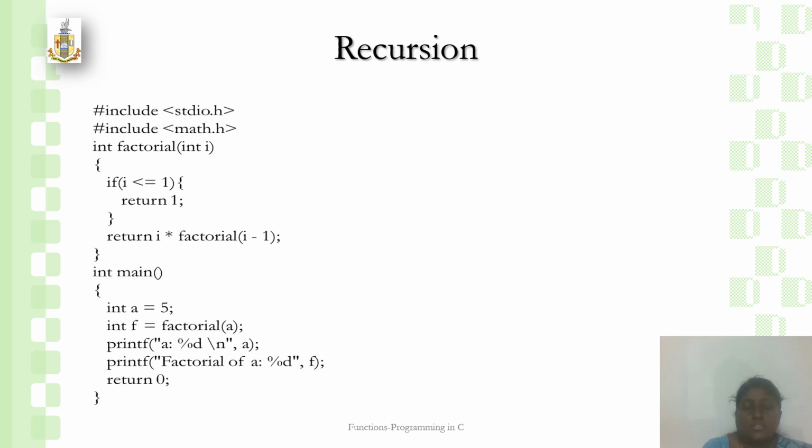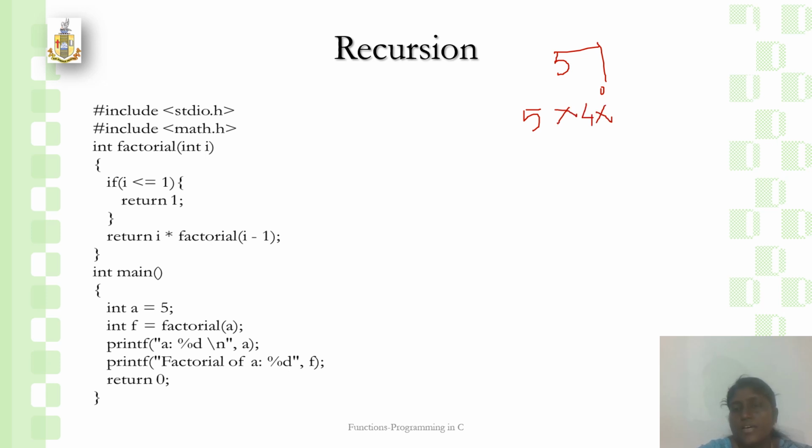So here is an example for recursion. Without recursion, we would be involving several other control statements to perform it. This is an example: we normally have the factorial. What is the factorial of 5? Whenever we talk about factorial, we decrease the number.